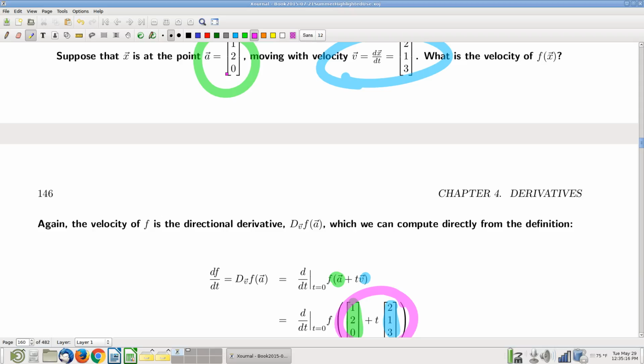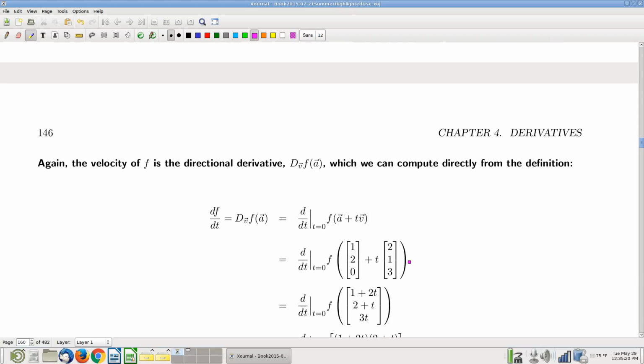So let's do that calculation. How do I put this into the function f? Well, keep in mind that what I'm plugging into the function f has these coordinates. These are x, y, and z.